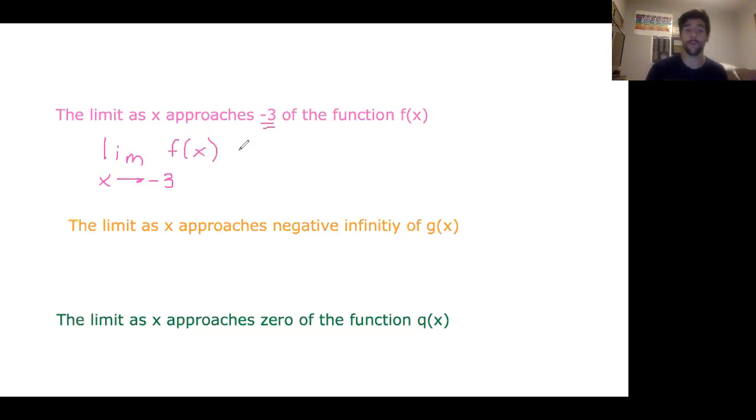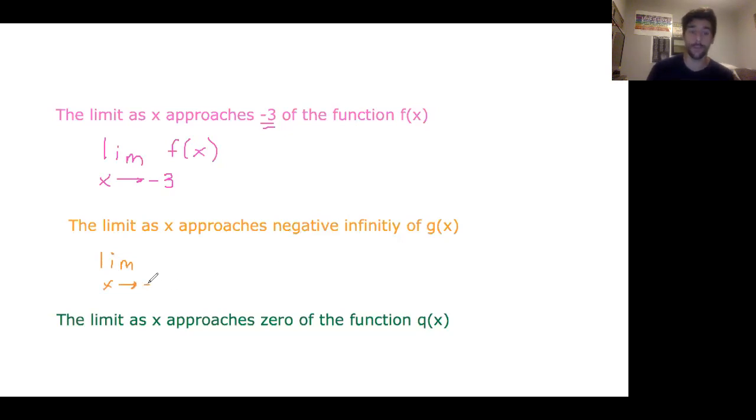Again, this is asking the same question. It's curious to know what is the y value. It wants to know the output on this function as we get closer and closer to -3, what is the y value? So limits are asking the same question as function notation with a slightly different form of analysis. Now the orange is saying the limit as x approaches -infinity.